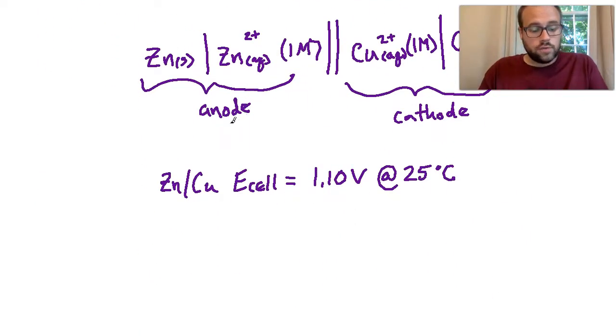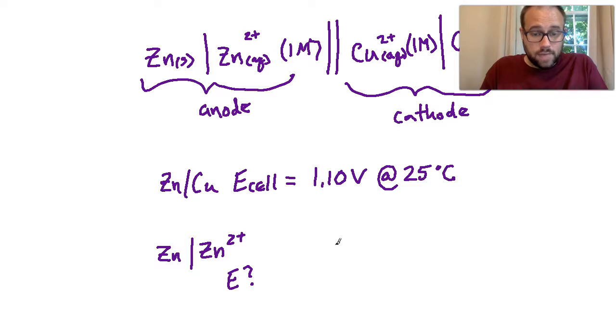Now, you can do this for an overall cell, but the question is, how can we deal with half cells? So if I want to find out just the value of the zinc to zinc 2 plus, and I say I just want to know how much the voltage is going to be for that, and then I separately want to look at the copper 2 plus side, and what is the E for that?